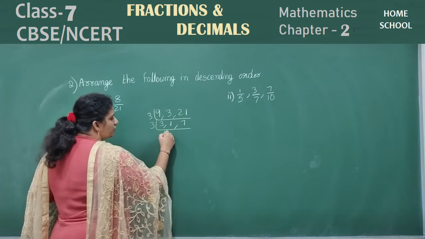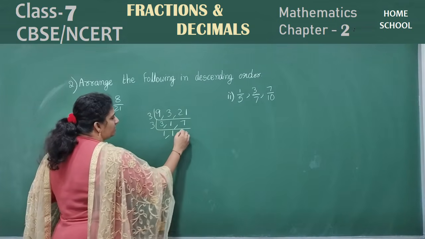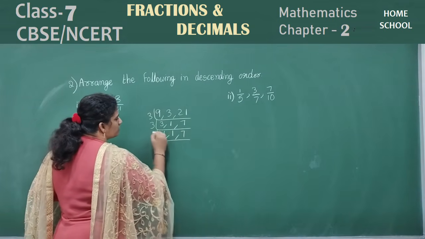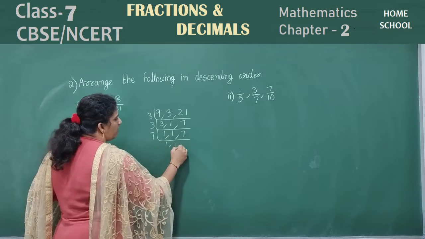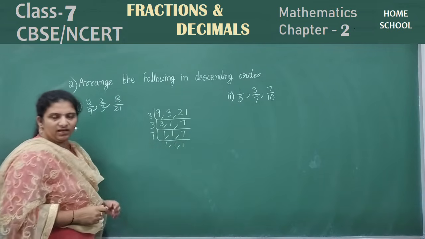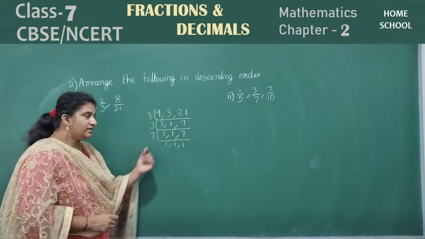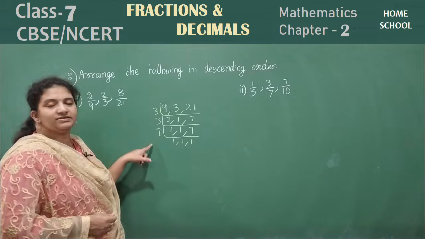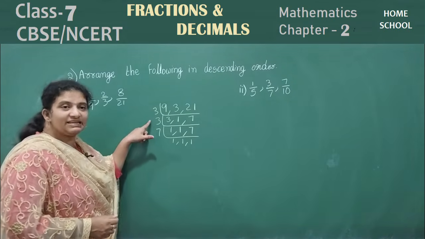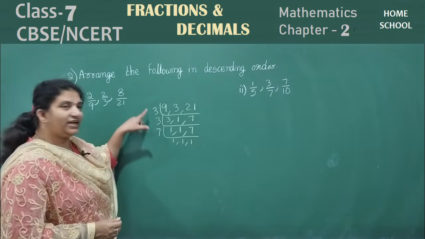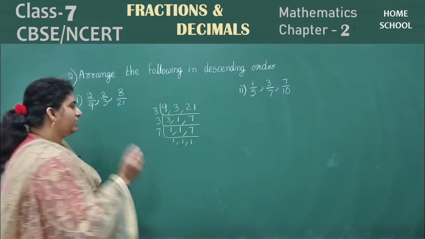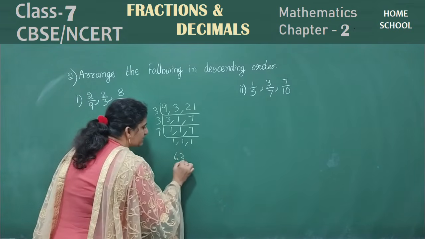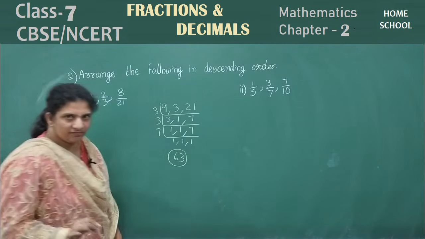So again 3 1s are 3, 1 7 is 7. So 7 1s are 7. Okay, so like this we need to take the LCM here. Your LCM is how much, children? 7 3s are 21. 21 3s are 63. So look here, 63, write it separately somewhere, right?